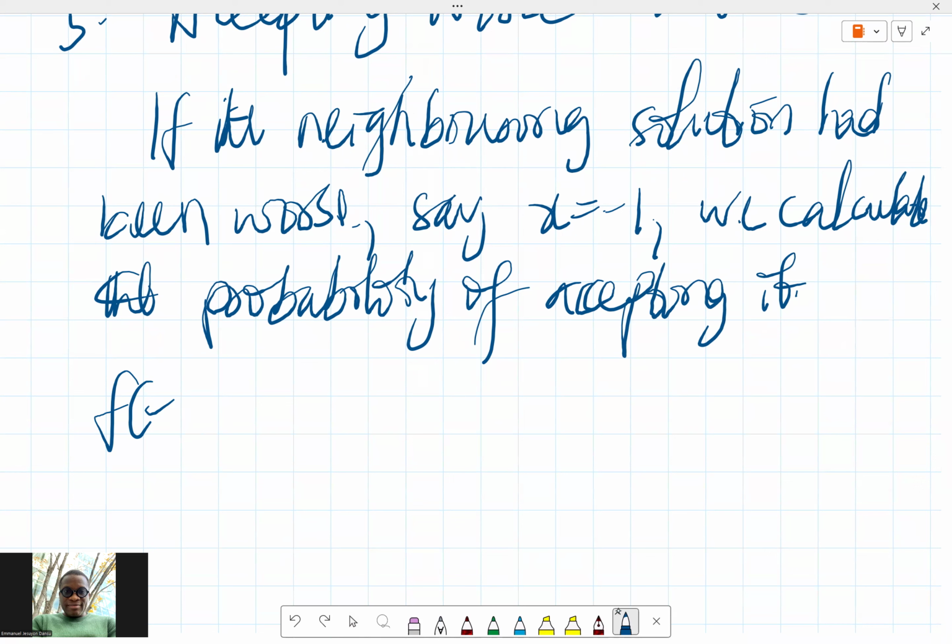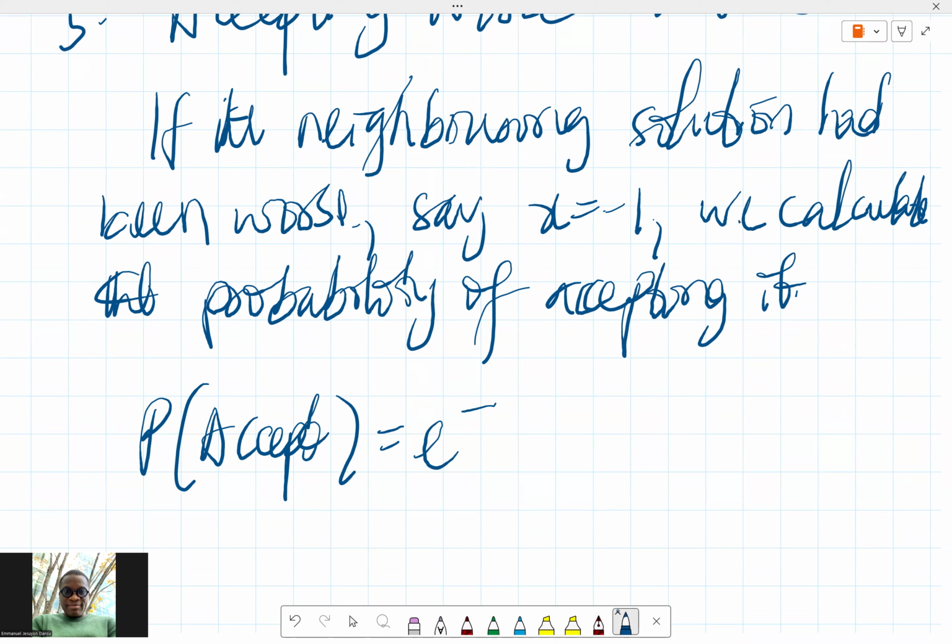We don't need this, since we already have the result on how to calculate probability. The probability of acceptance is e raised to the power of minus the change in energy, all over T, which we already have.